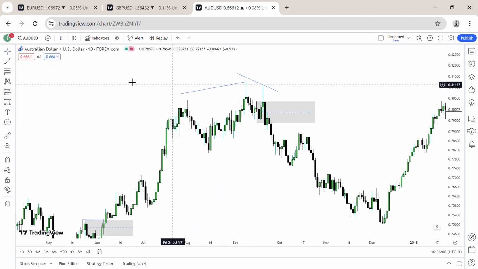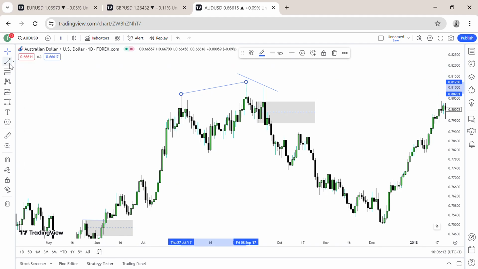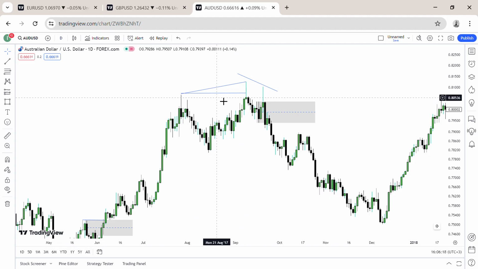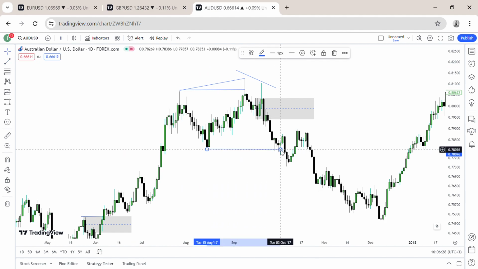Okay, this is a break of structure, or you can consider it as a liquidity sweep. It caused a break of structure right here, and then traded back down below this low.